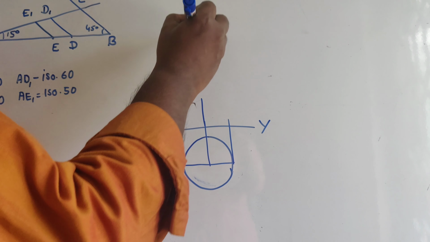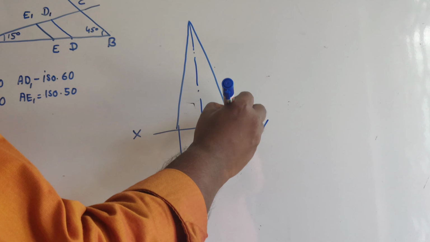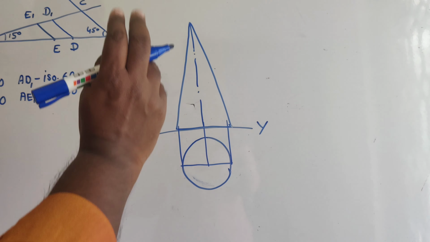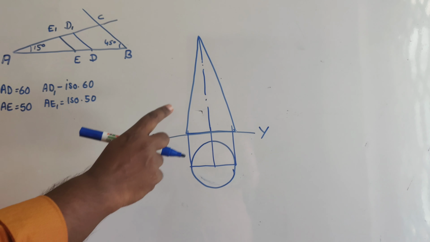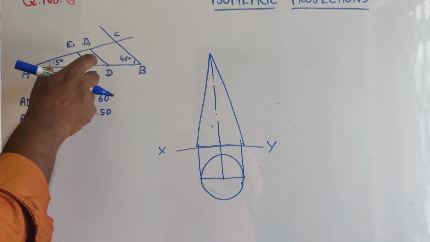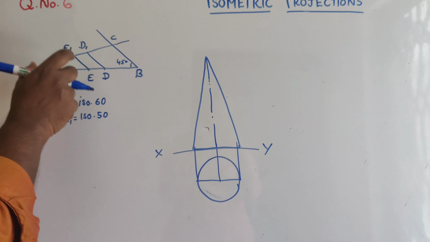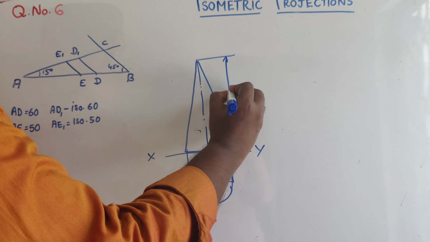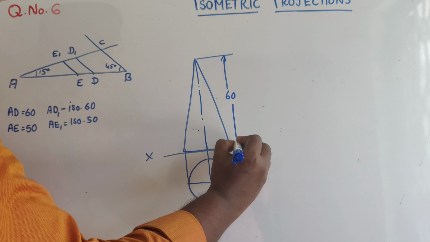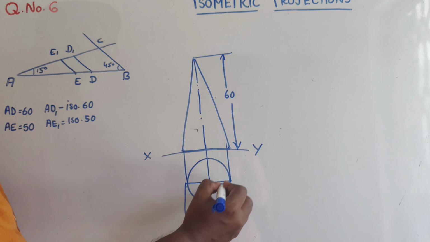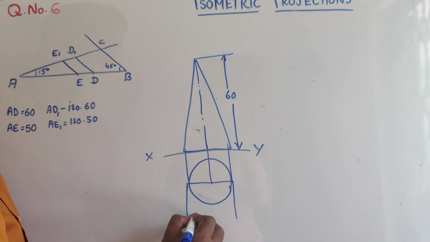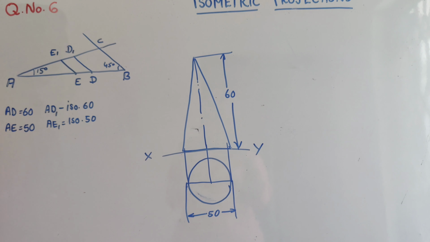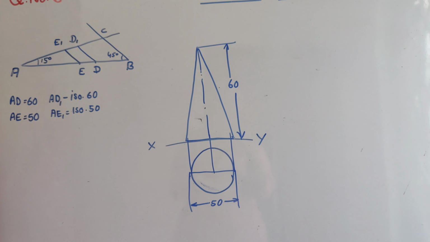Using that, you have completed the simple position. For drawing the simple position, you have taken the dimensions from the isometric scale. So this is the isometric length of 60, and this is the isometric length of 50. The diameter is 50. I think it is clear to you.